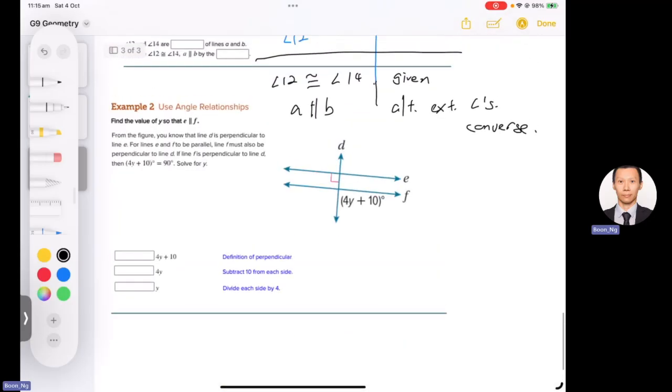Now we solve one more question and we are done for this. Example 2, find the value of y so that E is parallel to F. We basically know that this angle is 4x, and this angle is 4x plus 10.